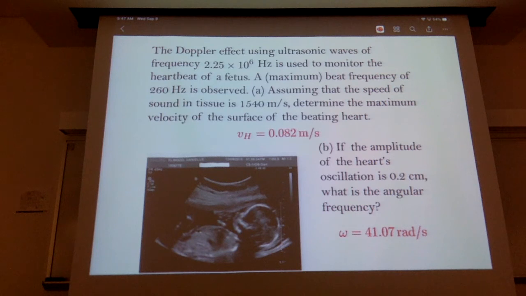So this is all just F prime. So we just have that double prime and then F prime, now times the speed of sound, divided by the speed of sound.